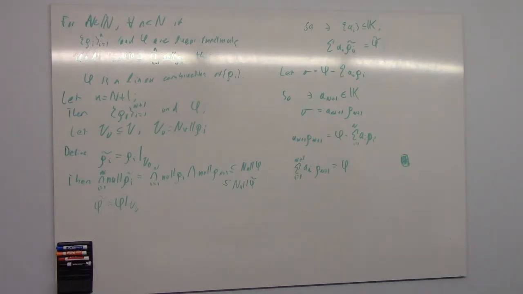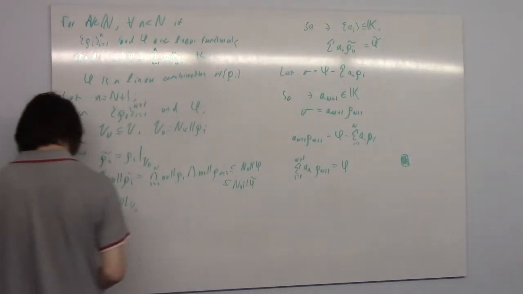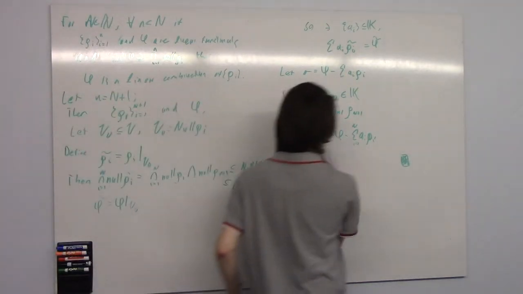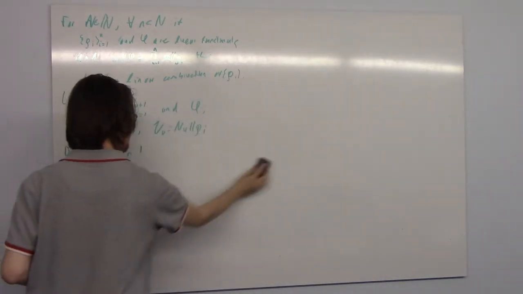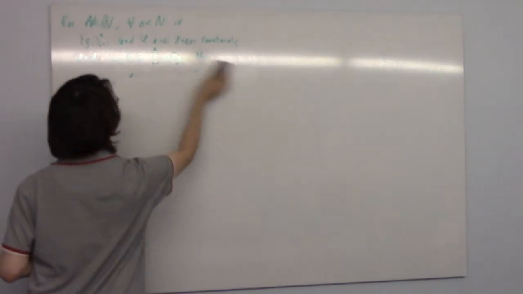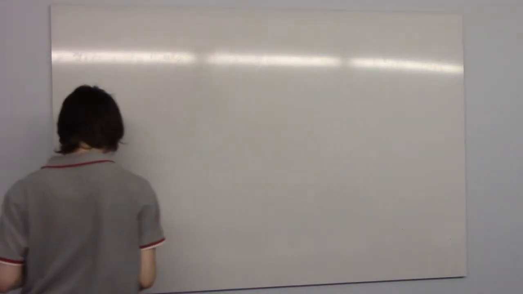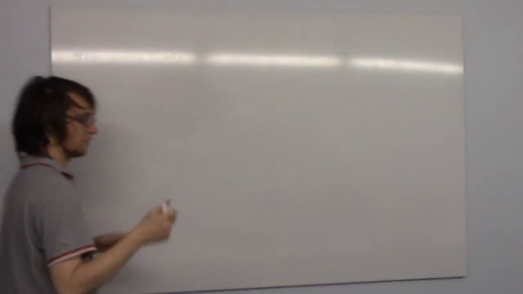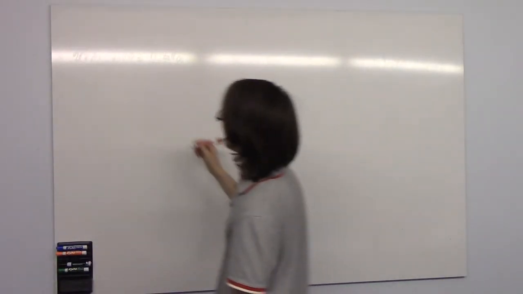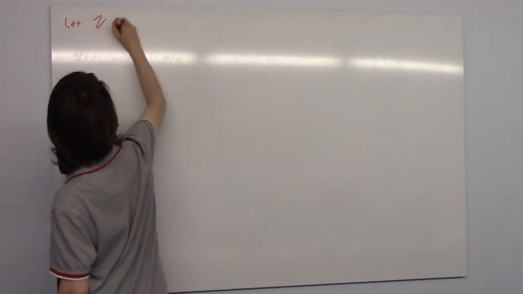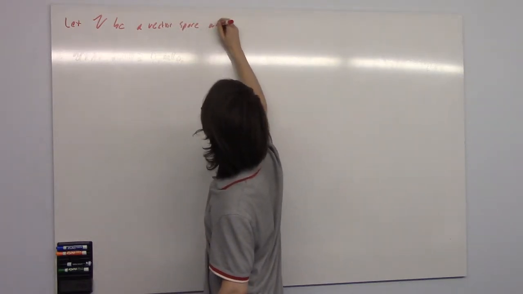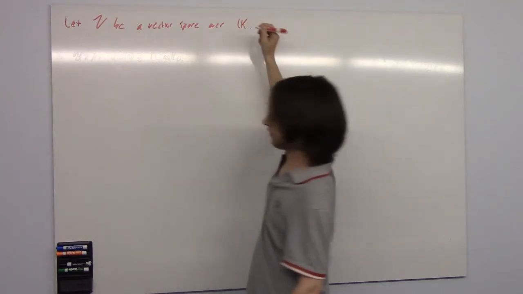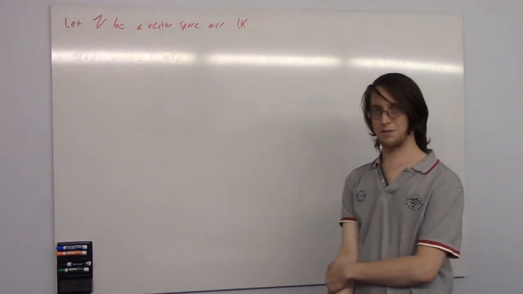Let's say a few definitions, and then we'll be done. Okay, now let V be a vector space over K. Remember, K is either the complex numbers or the real numbers.